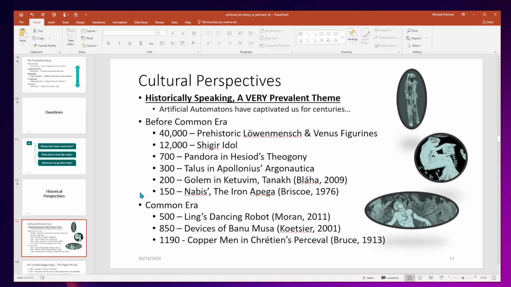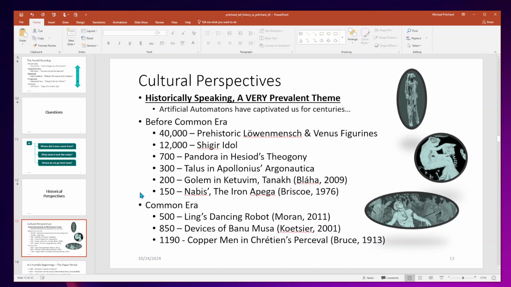And the idea of artificial automatons has been around for many thousands and thousands of years. So the earliest is the Lowenmensch, the Venus figurines that were made 40,000 years ago.